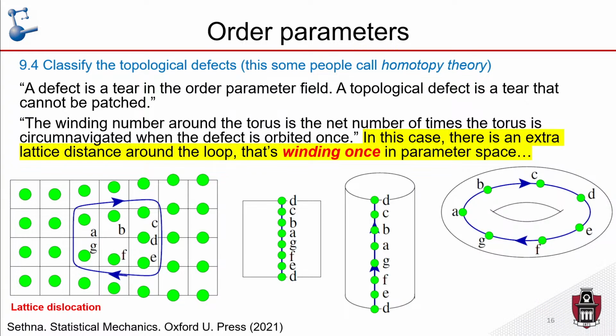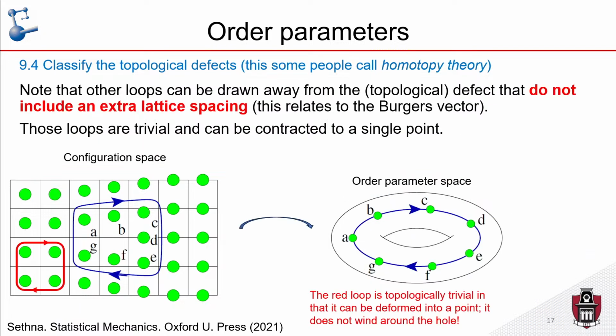If you had two dislocation lines instead of one, then this would wind twice. And that's how you get integers out of these topological defects. Now, for comparison, you could try to wind in a region away from the topological defect.